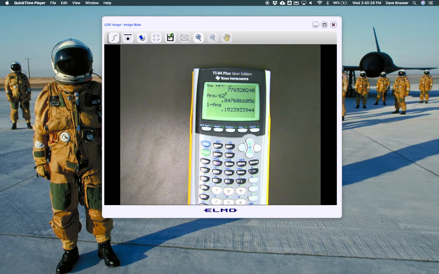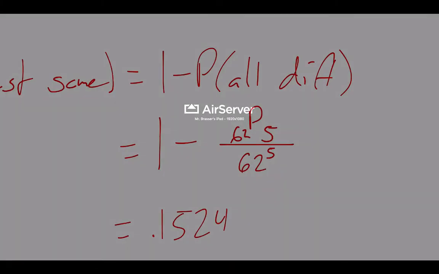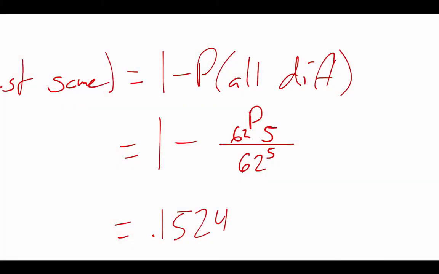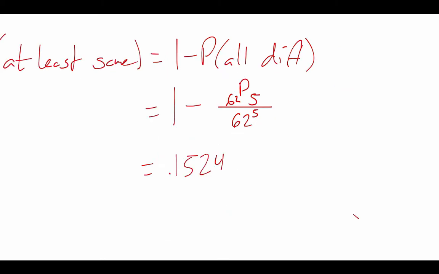And again, that is rounding, because otherwise we'd have a really, really long decimal. There we go. And so that gives us about 0.1524. In other words, it's about a 15.24% chance that they all selected a different item. Nobody got the same jewelry that day.